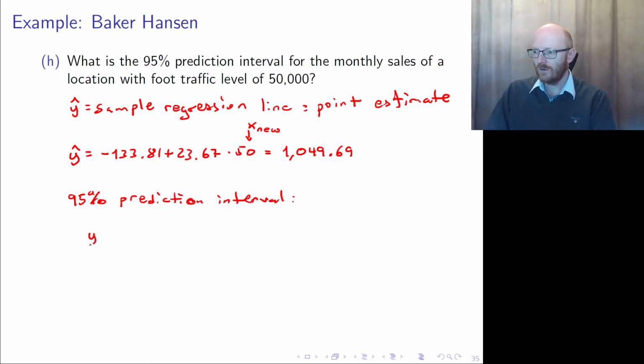It's y hat plus minus 2 times the standard deviation of the errors, which is 1049.69 thousand kroners, plus minus 2 times the standard deviation of the errors.